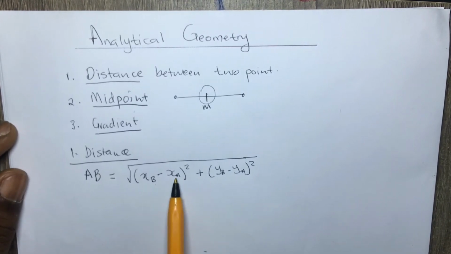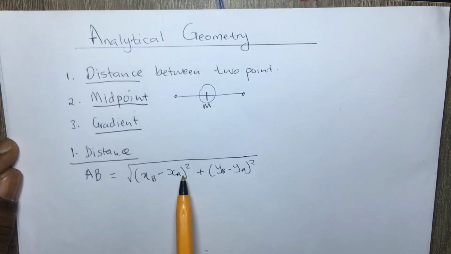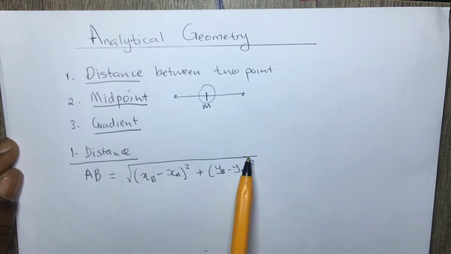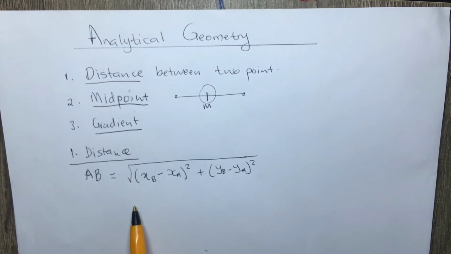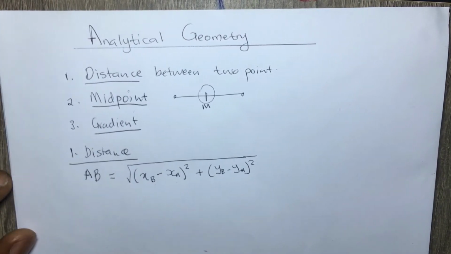You can even do it the other way around and start with the X coordinate of A. It does not matter because we're going to square this. So this whole bracket, whether it's negative or positive, is going to end up positive. Also, the square root of a number cannot be negative, because we don't want to deal with non-real numbers. So it is always going to be a positive number inside.